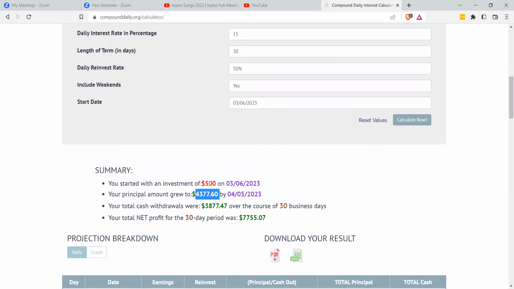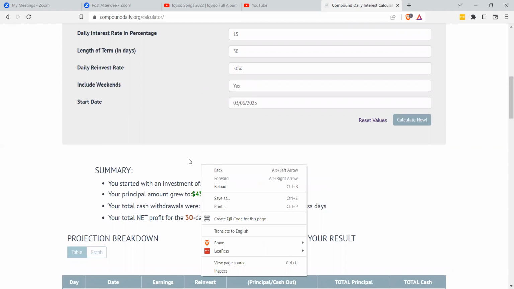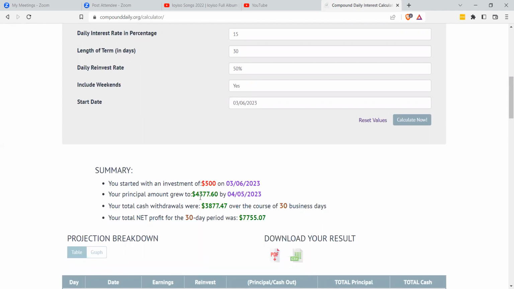After 30 trades, you would have made a profit of over $3,800, which is a massive result, by the way.